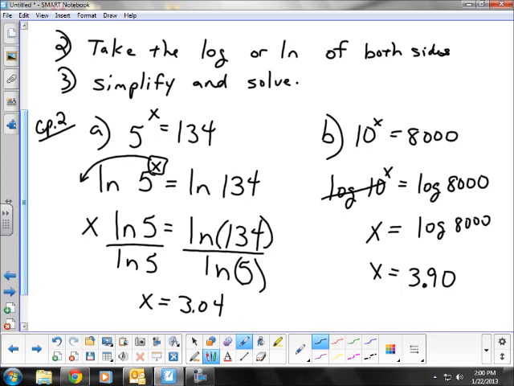That's why I say it doesn't matter which one you do, but if you'll pay attention, you can knock a step out of it. Did you make sure your parentheses are good? And when you do the ln, you've got to do the ln of 8,000 divided by the ln of 10, because you've got to do the base. The base doesn't disappear on that one if you take the ln of it.